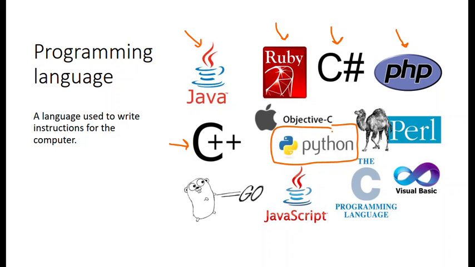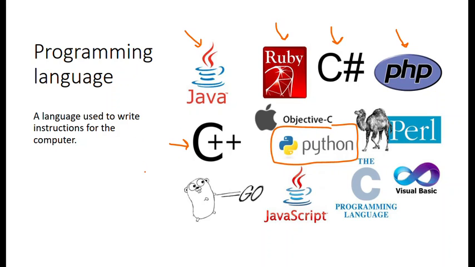The second reason is that Python is commonly used in the field of data science. So it's definitely a programming language that you can add to your toolbox. All right.